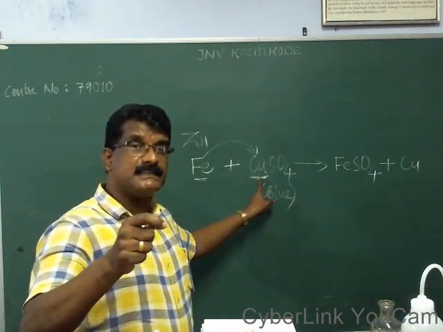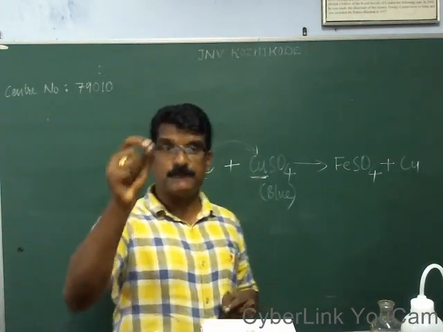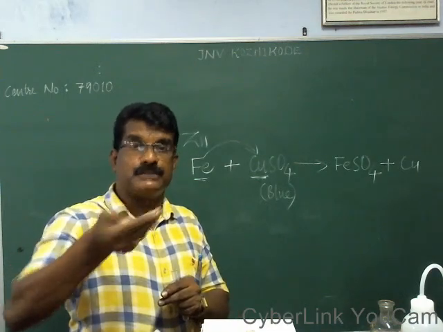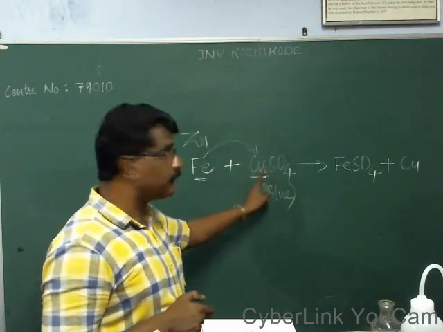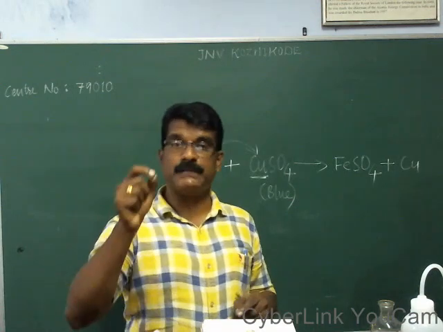This reaction is called displacement reaction. So displacement reaction we can use for finding out which metal is more reactive than the other. Here iron displaces copper from copper sulfate, therefore iron is more reactive than copper.